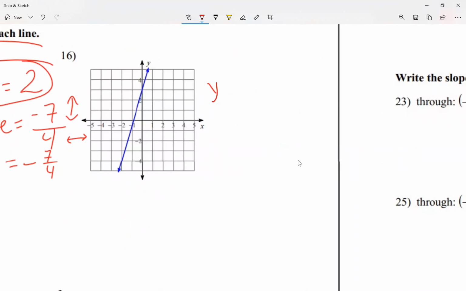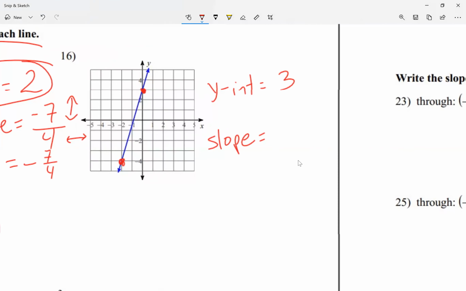Okay, let's take a look at number 16. I'm going to find out what's my y-intercept and what's the slope. For the y-intercept, I just need to know the value of the point. I need to see the point where I cross the y-axis, and I want to know what's the y value of that point. Okay, so I cross the y-axis at +3. For my slope, I need 2 points. I'm going to use the one that I have and this other one.